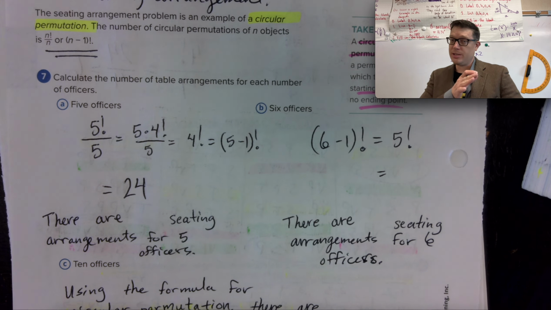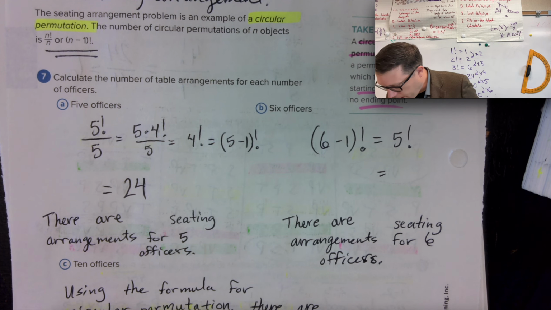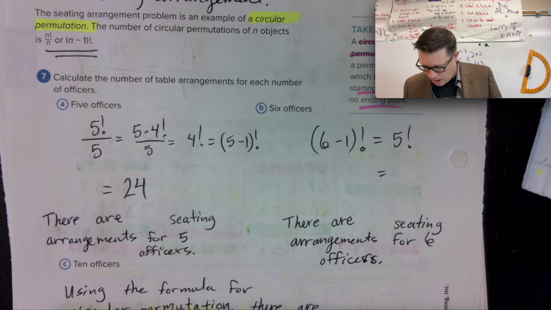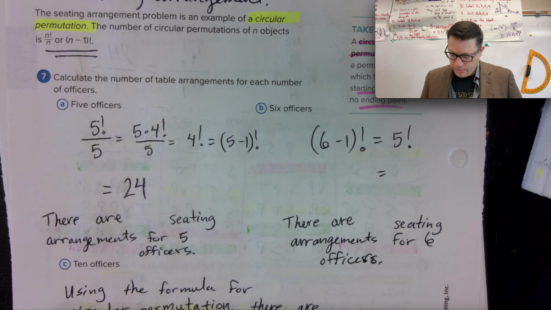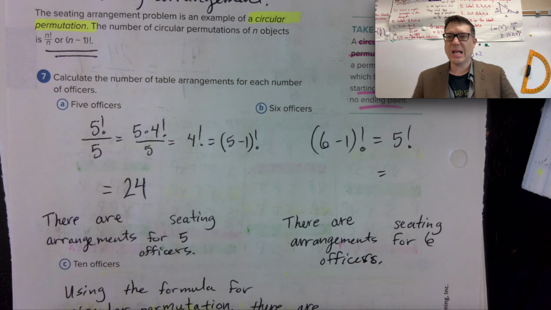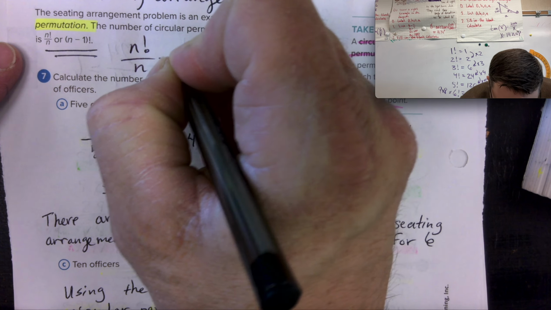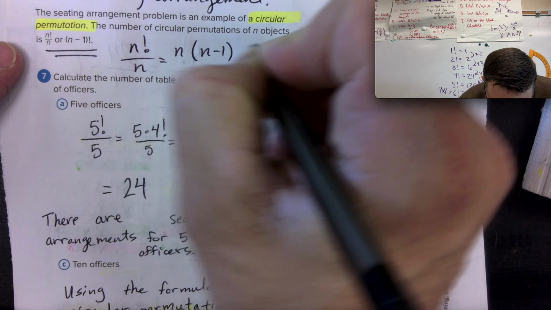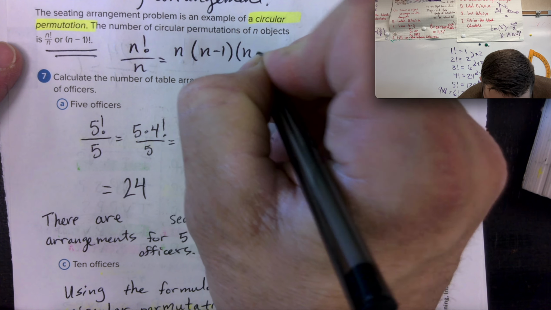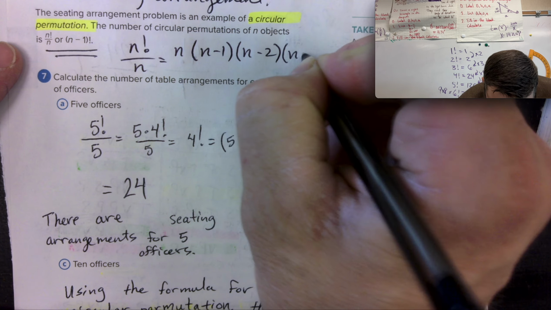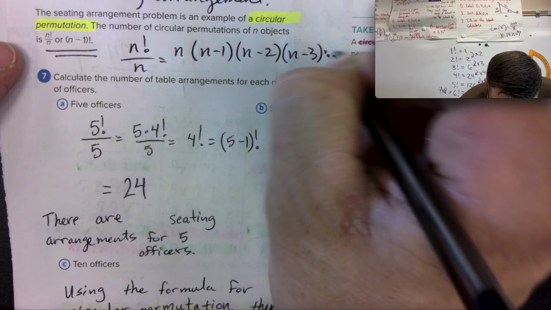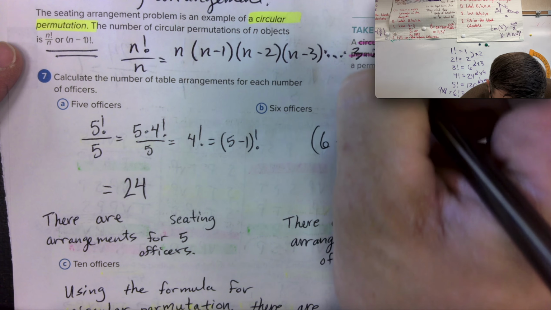Formula, use it. Question to consider as you're getting ready to move forward: demonstrate how n factorial over n is equivalent to n minus 1 factorial. Like this. N factorial over n is n times n minus 1 times n minus 2 times n minus 3, multiply all the way down to 3, 2, 1.